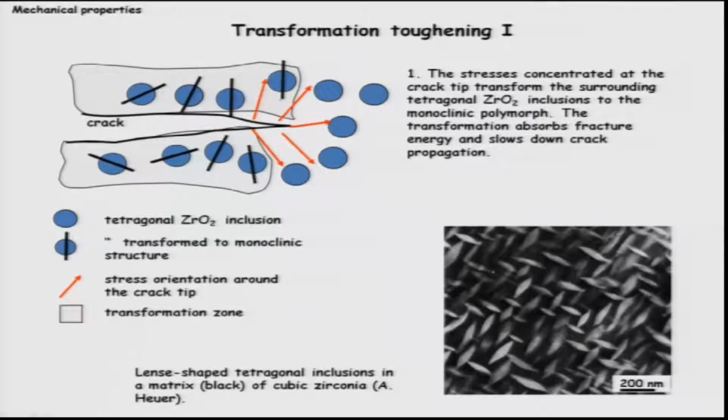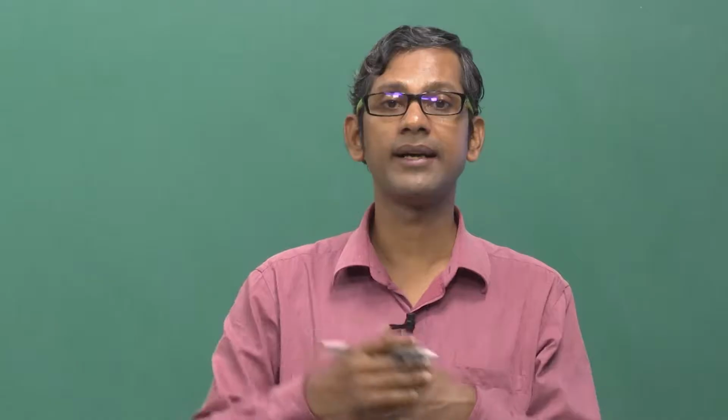Remember, as it transforms to monoclinic, what will happen? There will be a volume change, and the volume change will lead to compressive stress development around the tip of the crack. So the compressive stress will lead to closure of the crack, not opening of the crack. As the crack gets closed, it will not be able to propagate.